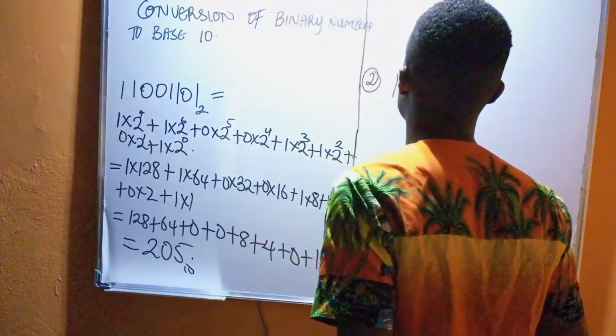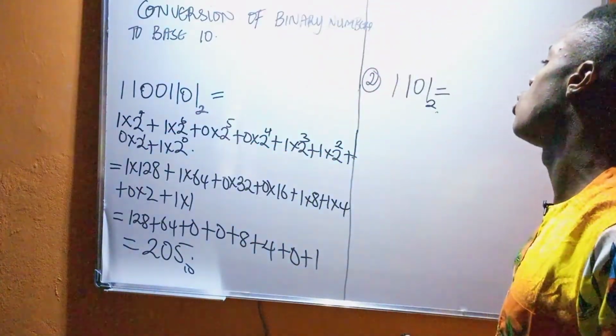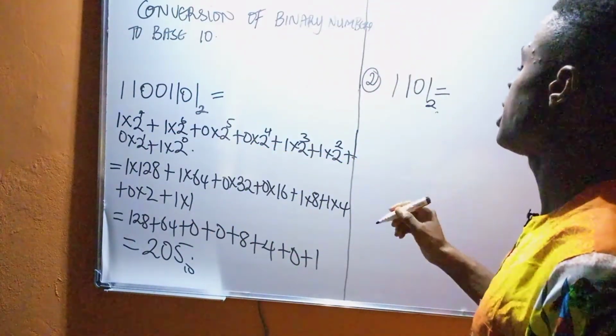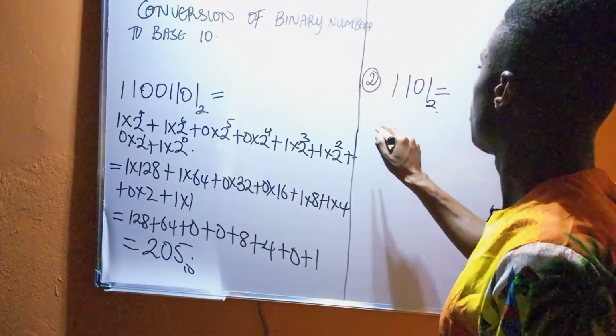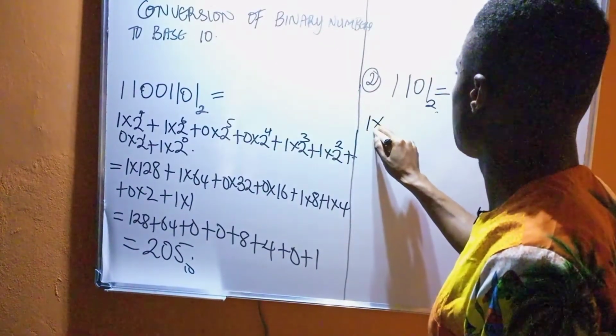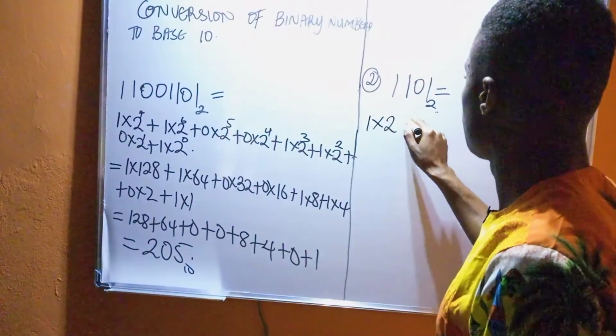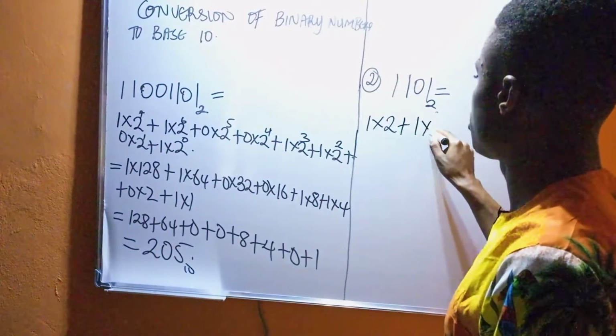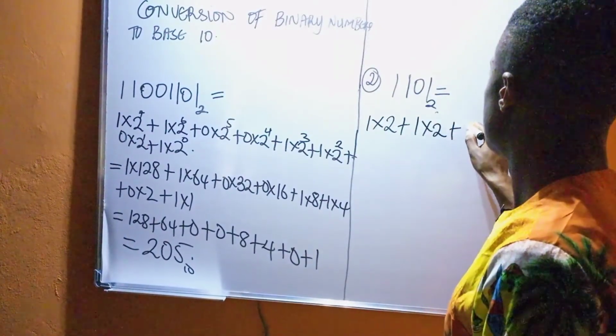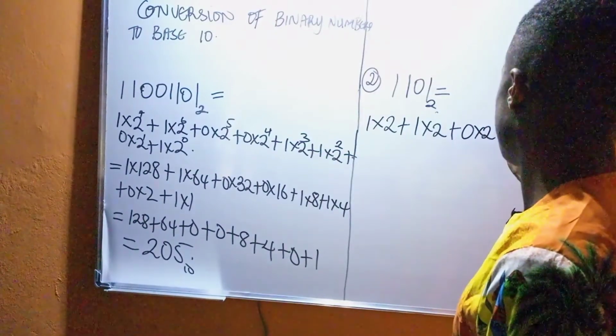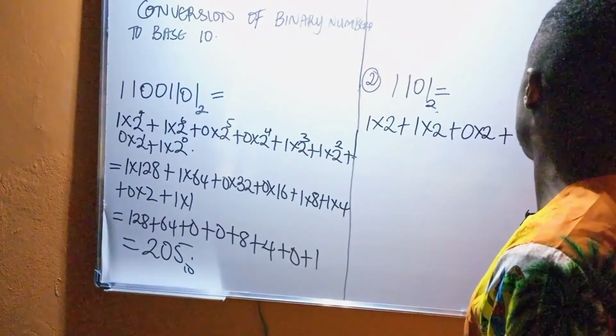Then the last question before we end says 1101 in base 2. So let's express it in its powers of 2. I have 1 times 2 plus 1 times 2 plus 0 times 2 plus 1 times 2.